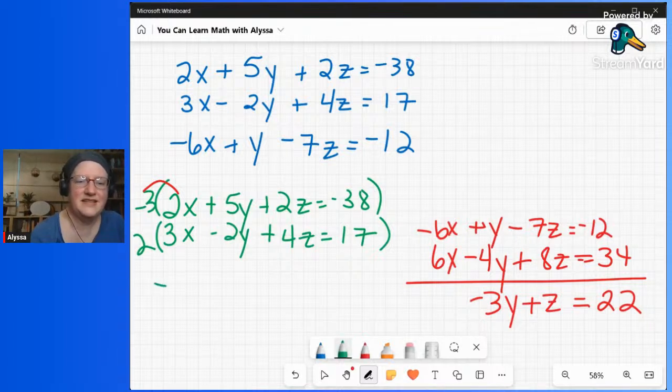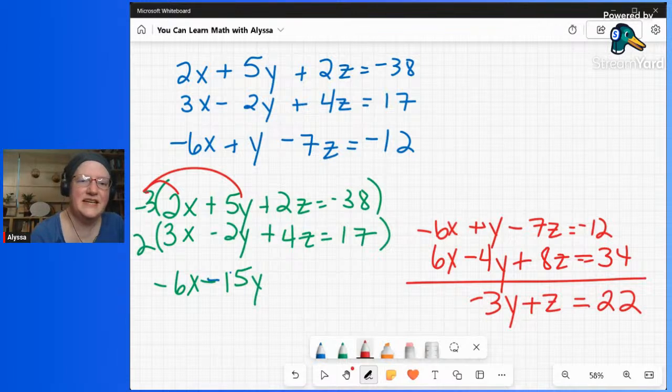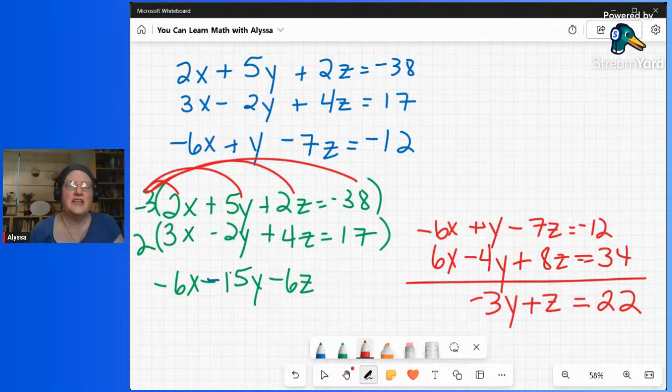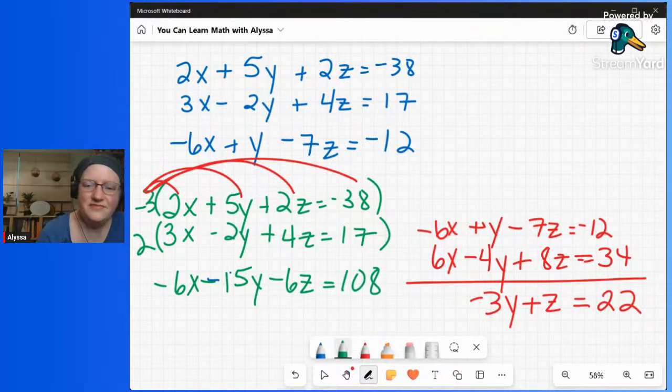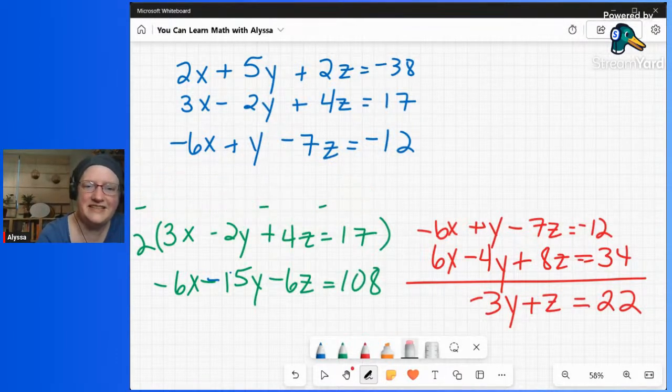Then negative 3 times 5y is negative 15y. Negative 3 times 2z is negative 6z. And then negative 3 times negative 38 is positive 114, double checking that in my head. Okay, the first one is done.